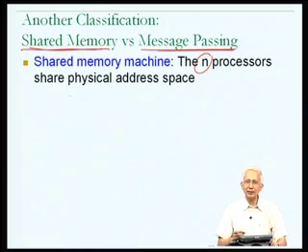So if I find a parallel computer in which the processors have shared physical address space, I could call it a shared memory machine, whether it be SIMD or MIMD. So you can see that there's an orthogonality to this classification if you look at it from the perspective of Flynn's classification. So how would I represent, or pictorially how would I think of a shared memory parallel computer?